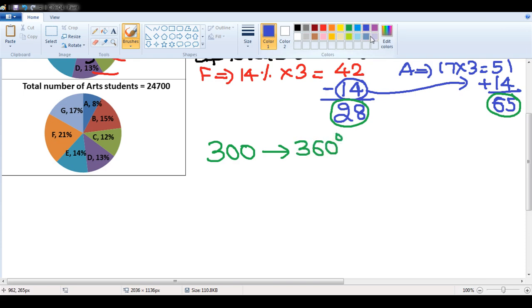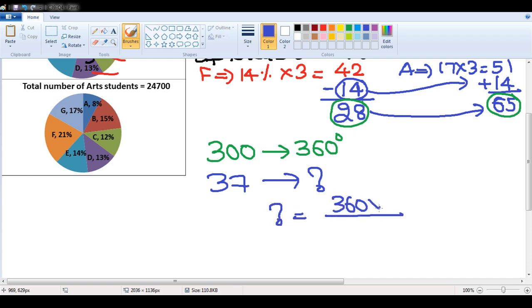But if the difference is only 37, how many degrees will it correspond to? So question mark will be equal to 360 into 37 divided by 300, which gives 222 by 5.